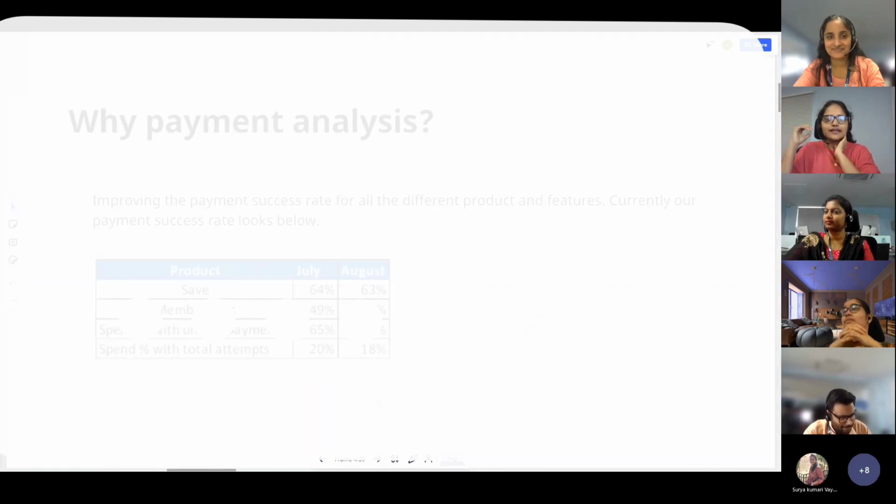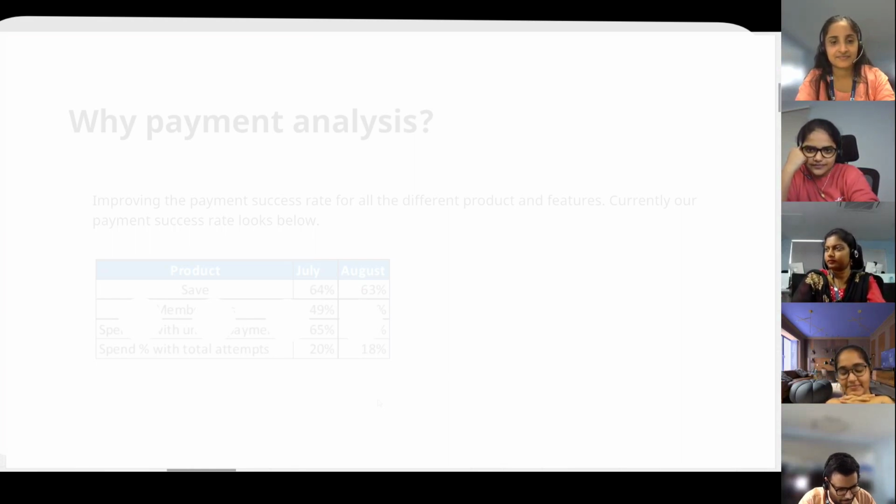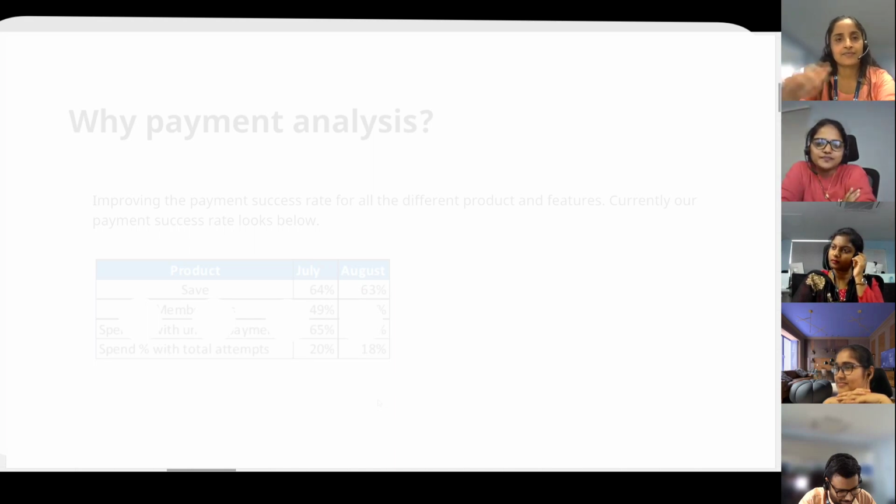How many payments have been attempted, how much the payment success rate has been, and what is the timing for getting these payments on time? For a simple example, there are 1,000 people going in a single queue, or 1,000 people going in several queues, like 5 queues.